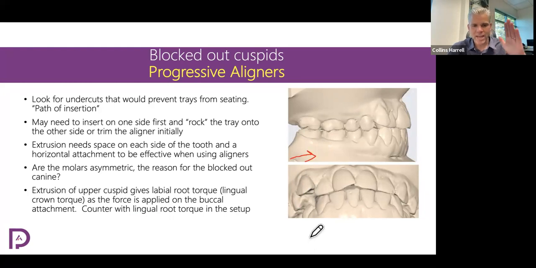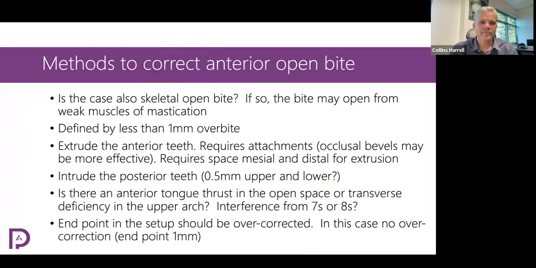They've either retained that torque position as they brought the tooth down, or they've even added some lingual root torque. They've moved the root to the lingual to counterbalance the fact that normally the root wants to swing out to the buccal when this crown is brought down and in. Okay, we'll look at that in this setup.